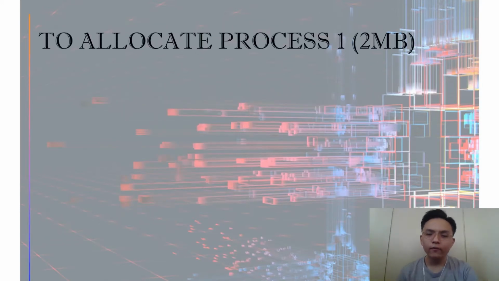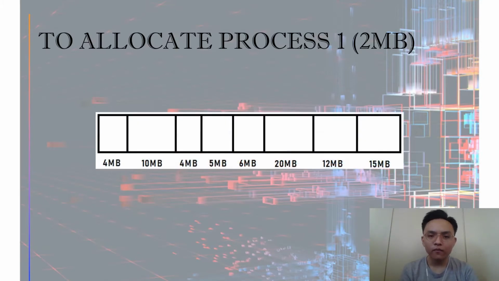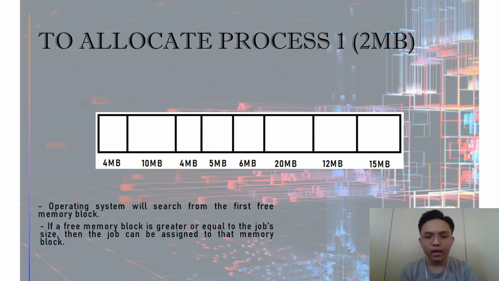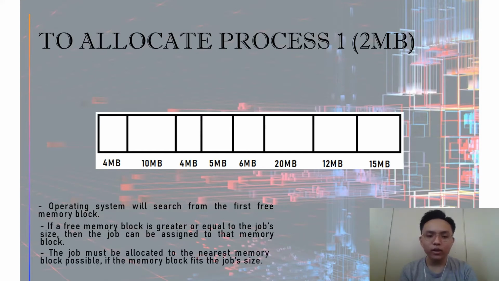To allocate the first process, which requires 2 MB of memory, let us have a quick recap on the first fit algorithm. Remember, we always search from the first free memory block, and if the memory block is greater than or equal to the job size, then it can be assigned to that block. Last but not least, the job must be allocated to the nearest memory block possible, from the beginning to the last. So let's see the first process.